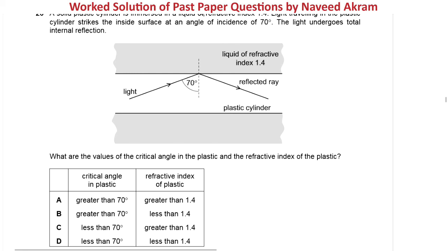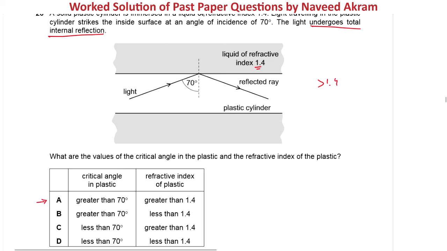Okay, so the light undergoes total internal reflection. Remember that total internal reflection occurs when the light passes from an optically denser medium to optically rarer medium. Means from a medium of high refractive index to a medium of relatively less refractive index. So the refractive index of plastic should definitely be greater than 1.4.